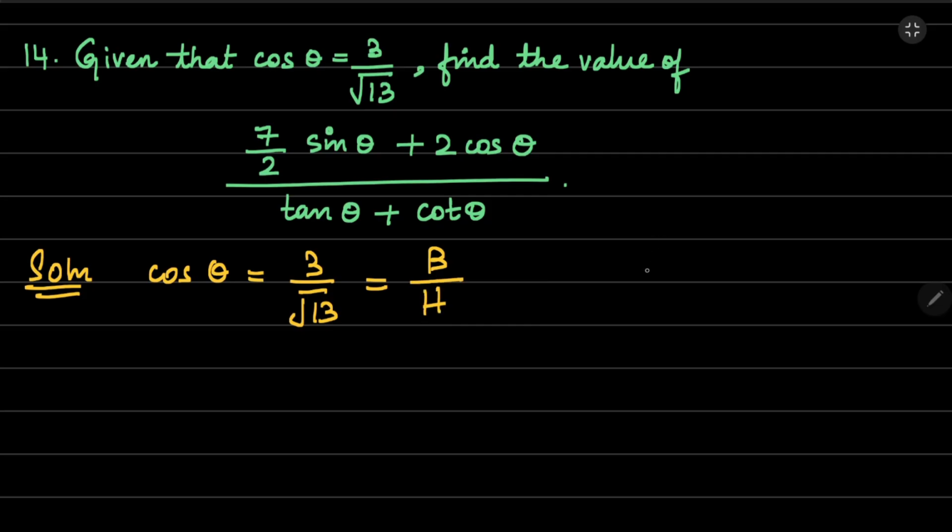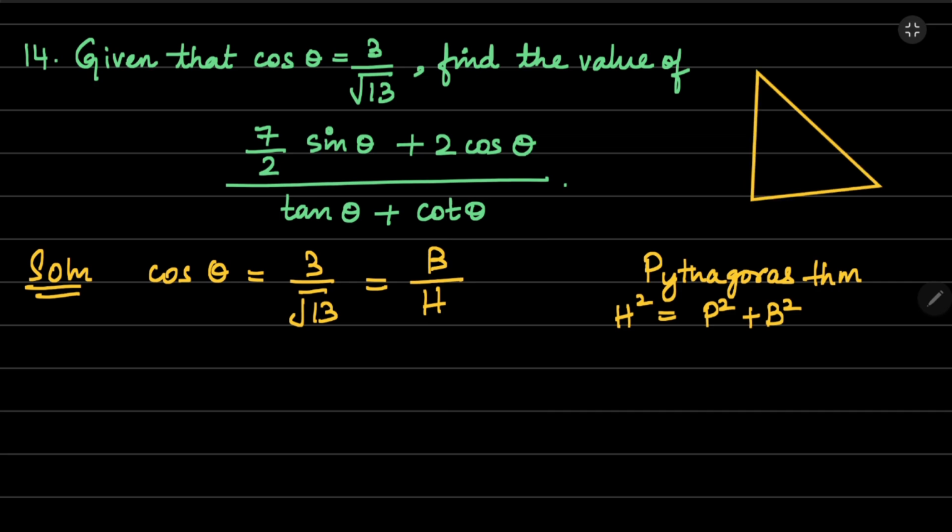Okay. So what is perpendicular? Using the Pythagoras theorem, we know that h square equals p square plus b square. If you have your right angle triangle, sorry, let me draw it neatly.